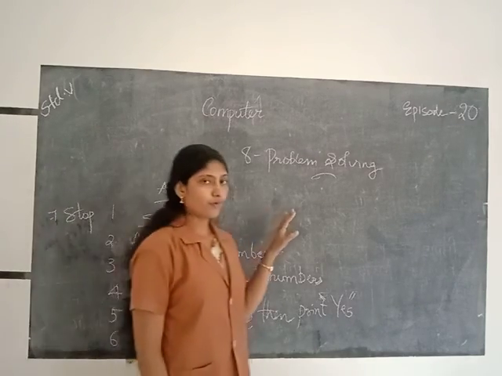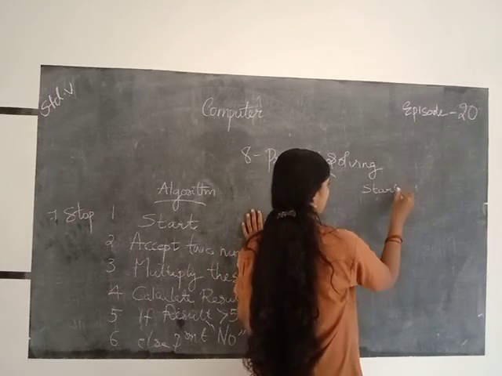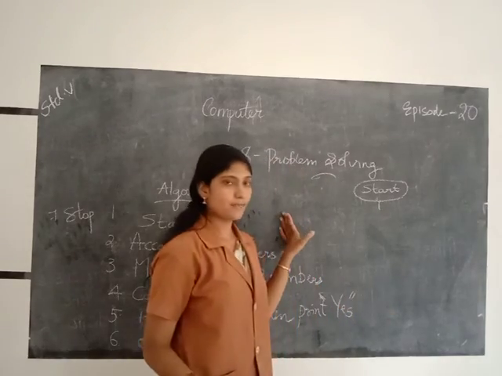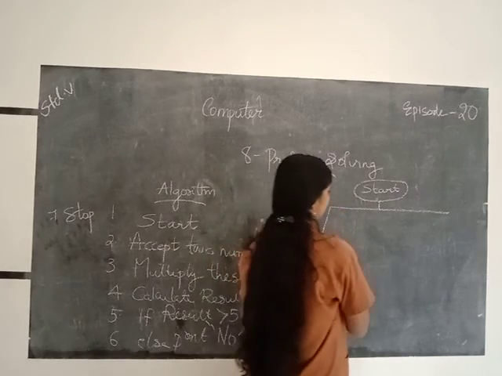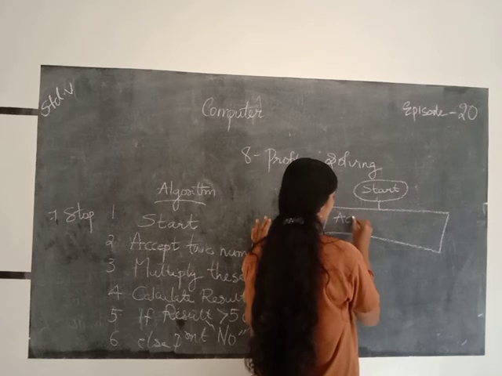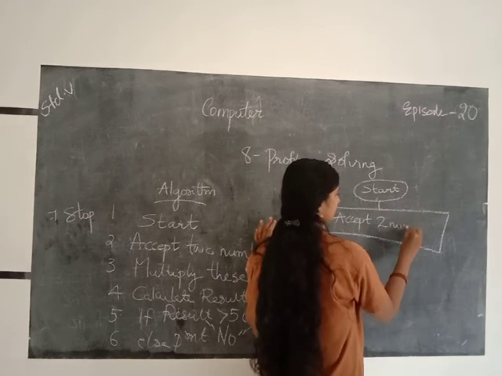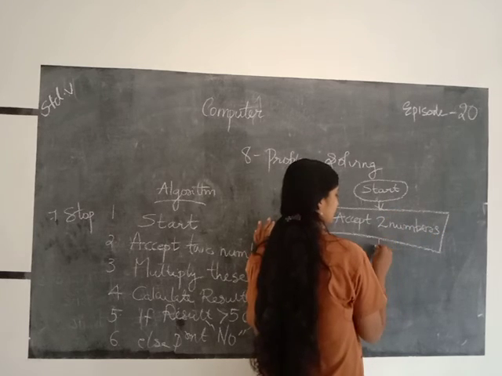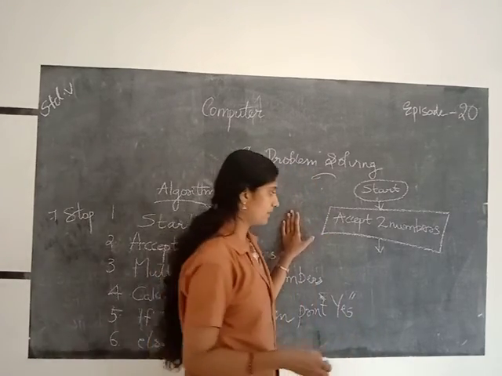So our flowchart: first start, then next accept two numbers, then next is multiply the two numbers.